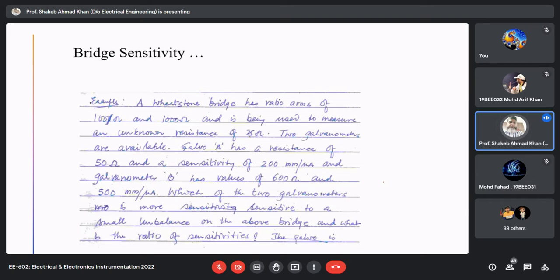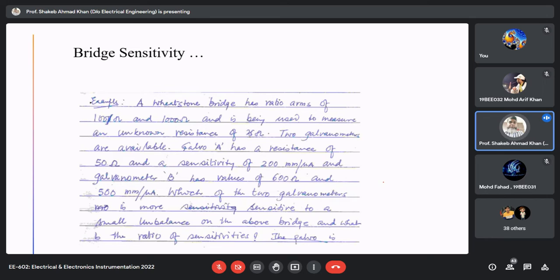Now we'll solve this problem, and then we'll see which of these two will fetch us better sensitivity when we design, because we had already derived the expression for the bridge sensitivity. It is correct that bridge sensitivity depends upon the detector sensitivity, but it depends upon other parameters also.